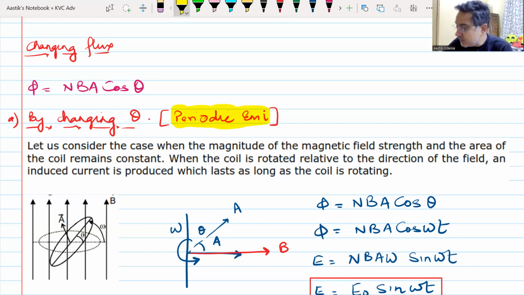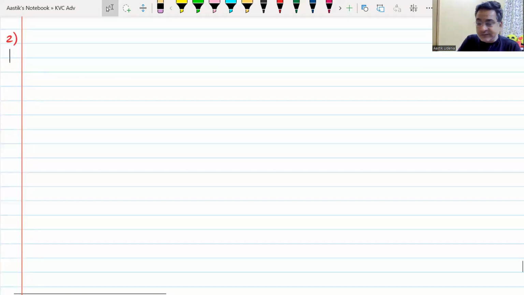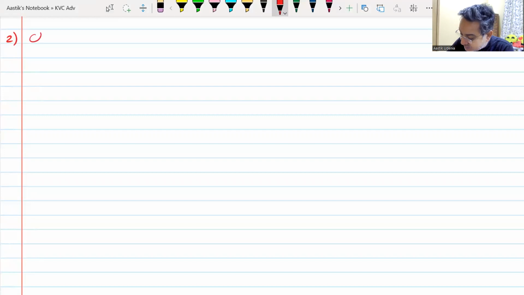How can you induce EMF, or how can you change the flux? The second way of changing the flux is by changing the area of the coil.